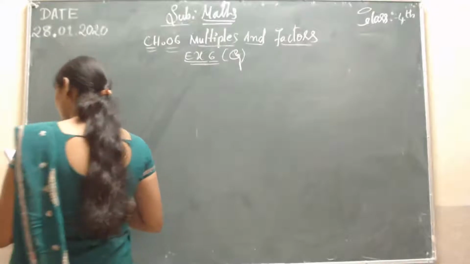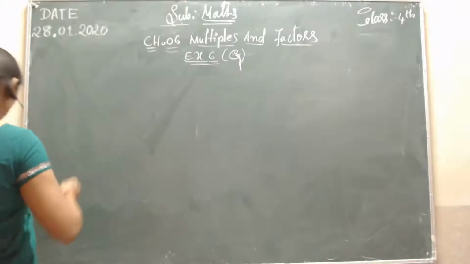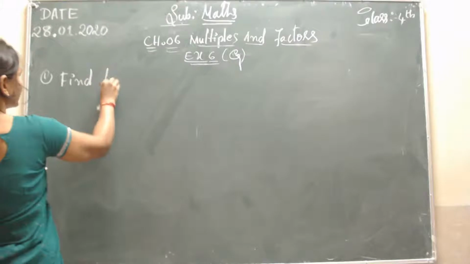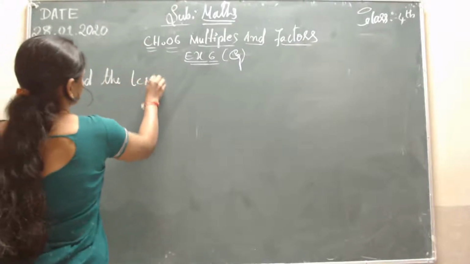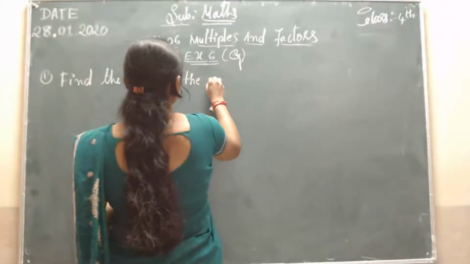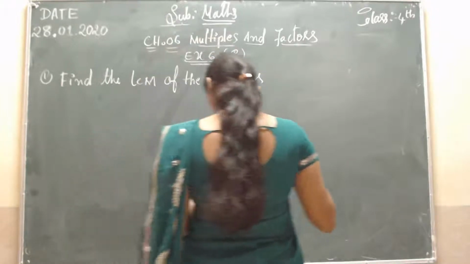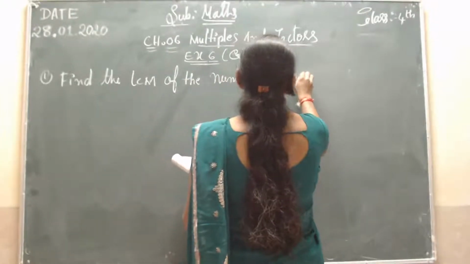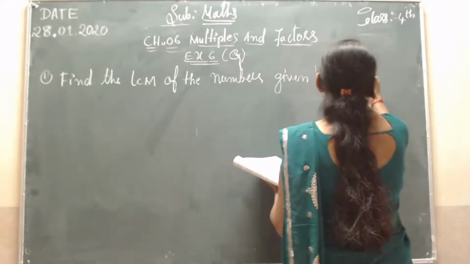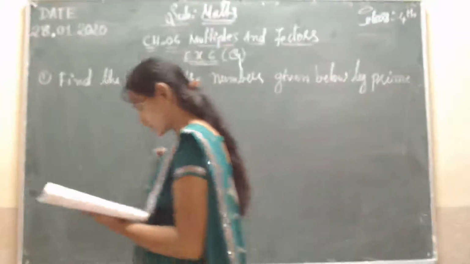So see here, students, what are the first steps in finding the LCM by the factorization method? Find the LCM of the numbers given below by the factorization method.